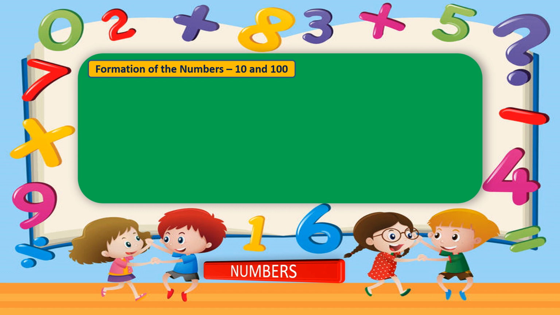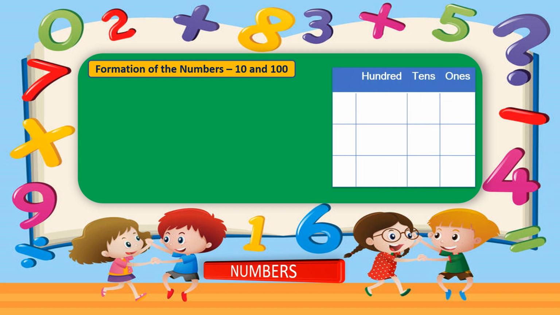Formation of 100. In this table, 9 is in ones place, another 9 in tens place. When we add 1 with 99, we get 100.